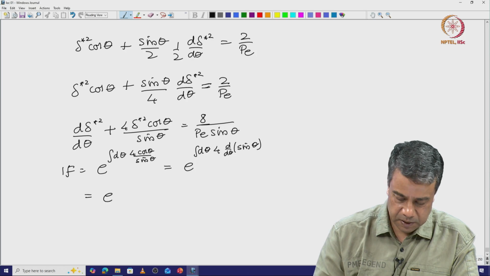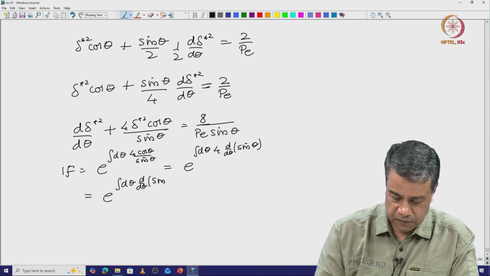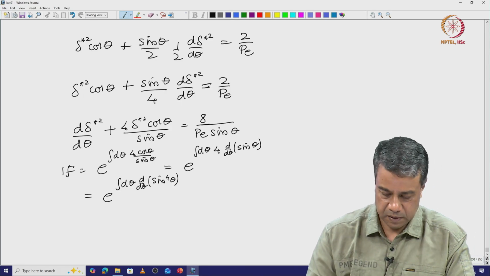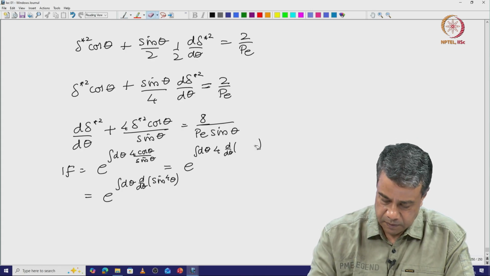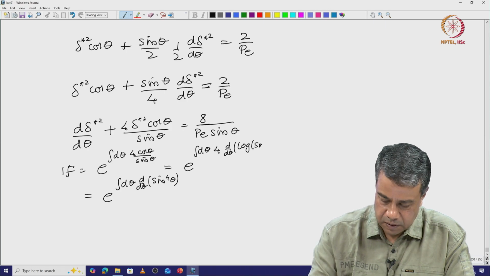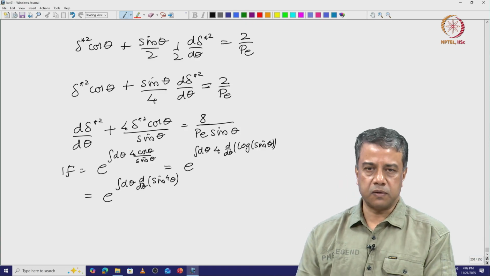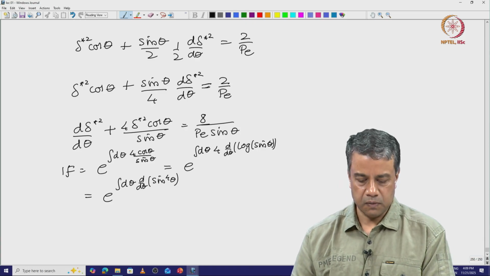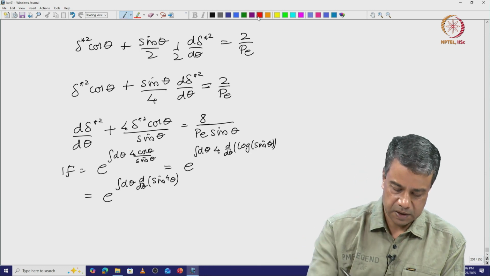And this is equal to e power integral d theta d by d theta of 4 log of sin theta. D by d theta of log of sin theta is equal to 1 over sin theta times the derivative of sin theta, which is cos theta, which is exactly what I have here.